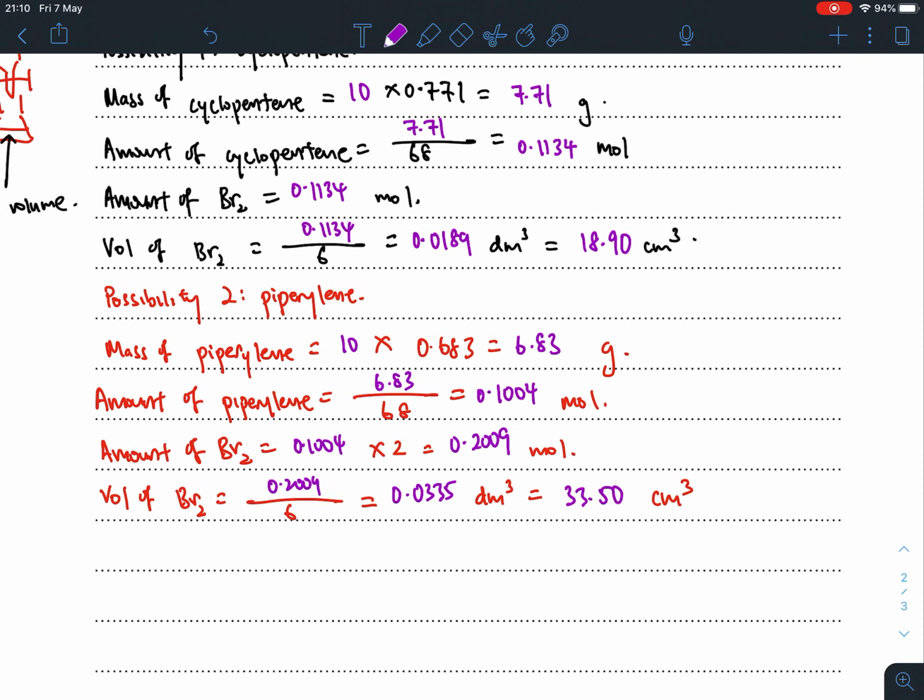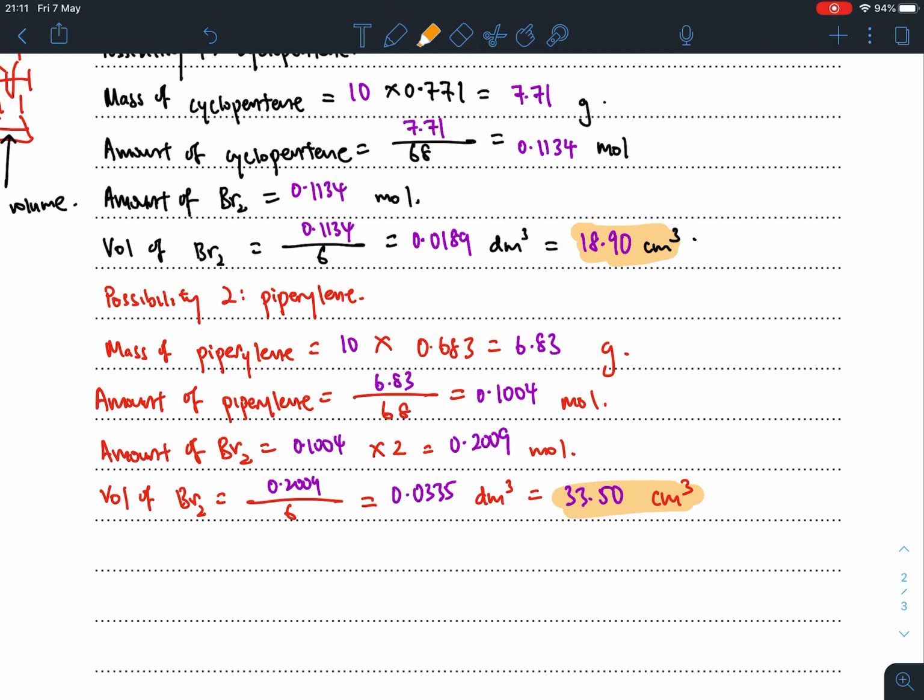Right, so in this case, it would have a value that is 33.50 cm cube or 33.48 more relevantly, but a burette can only read to the nearest 0.05, so I record it as 33.5. So this is perfectly fine because both values over here, 18.9, whether it is piperylene or cyclopentene, whatever endpoint it is, it's still within the range, and therefore this is a suitable volume that I should be using.